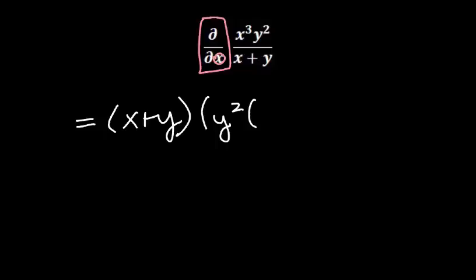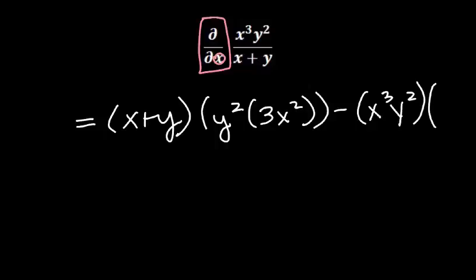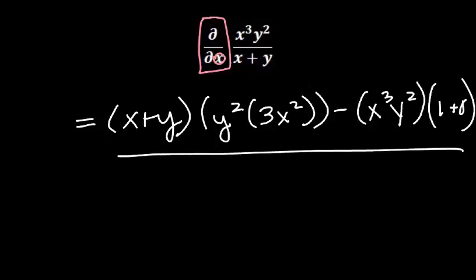And then we take the derivative of our x piece, which is 3x squared. And then it's minus the top piece, which is x cubed y squared, times the derivative of the bottom piece, which the derivative of x is just 1, plus, since y is considered a constant, it's plus 0. And then it's all over bottom squared, which is x plus y squared.